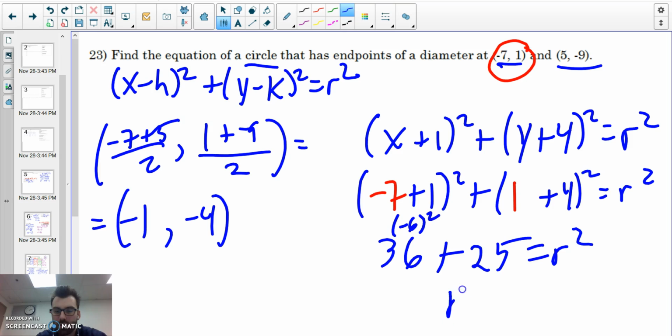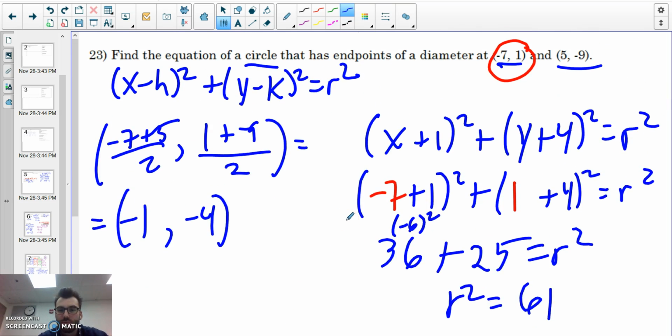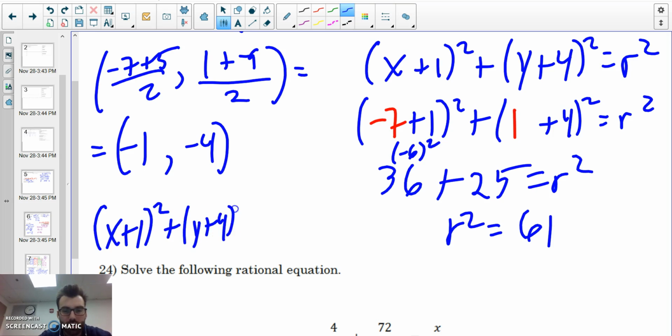Equals r squared. R squared equals, what is that? 61. Now, don't take the square root of both sides to find r, because all we need is r squared. So once we have r squared, my equation becomes x plus 1 squared plus y plus 4 squared equals 61.